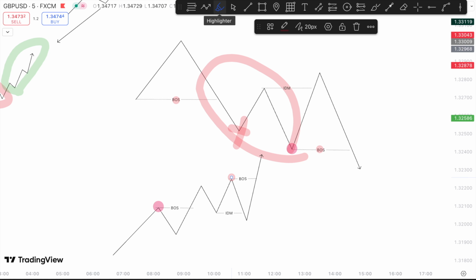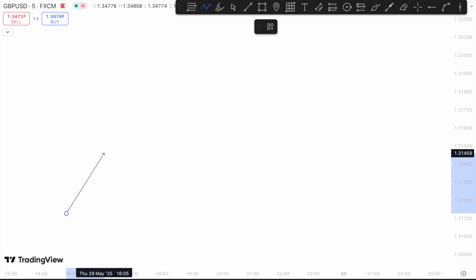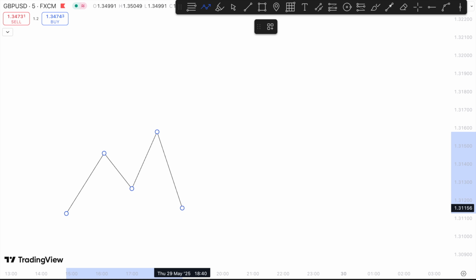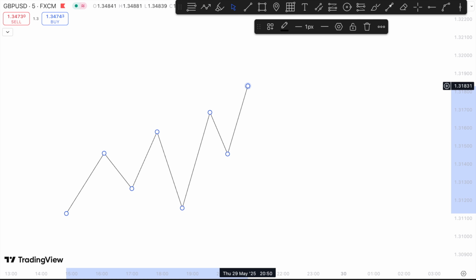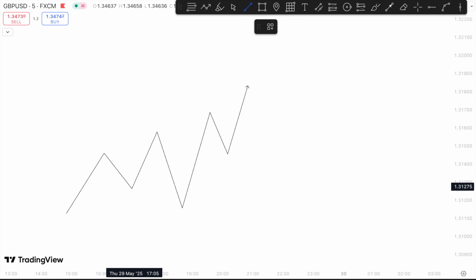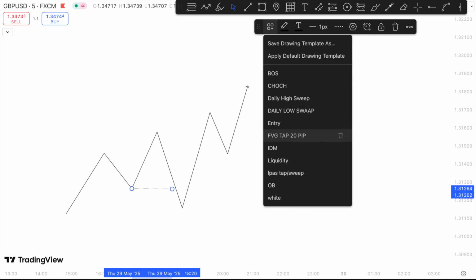Let me give you a simple explanation again if you did not understand me completely. Suppose a market is moving in an uptrend. If this previous low in an uptrend has been swept, and then the market continues to move up like this, then we would mark this previous low that has been swept as our inducement.